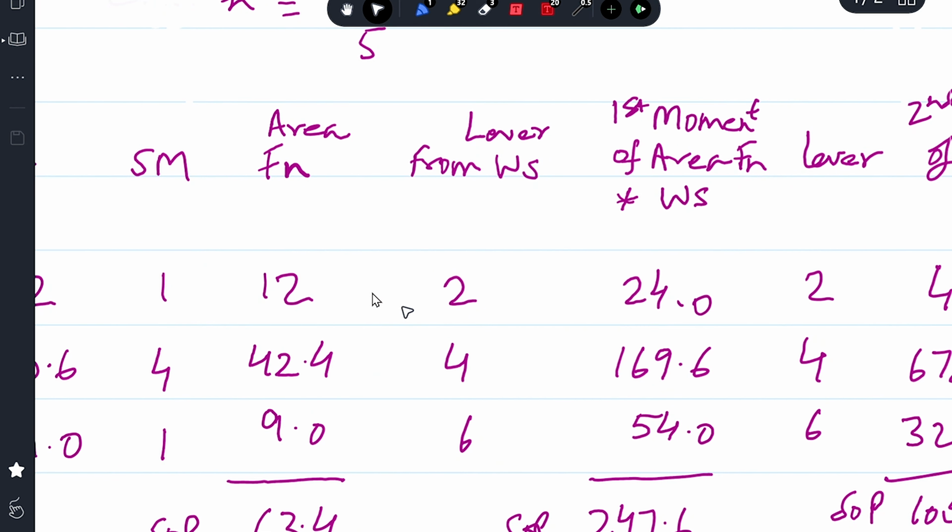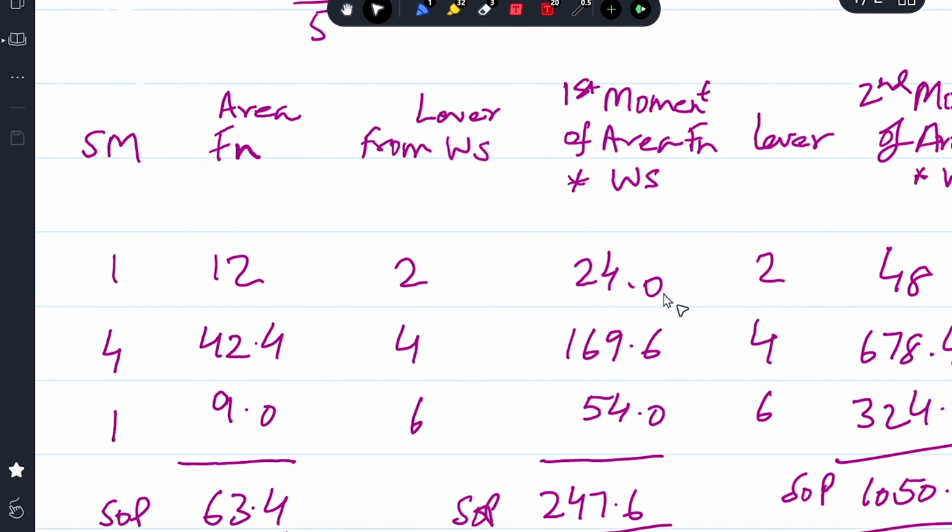So multiply the area function with the levers from the water surface and we will get the first moment of area about the water surface, because we are taking levers from the water surface. So 12 into 2, 24, then 42.4 multiplied by 4, 169.6, 9 into 6, 54. So we got the first moment of area function about the water surface, WS.